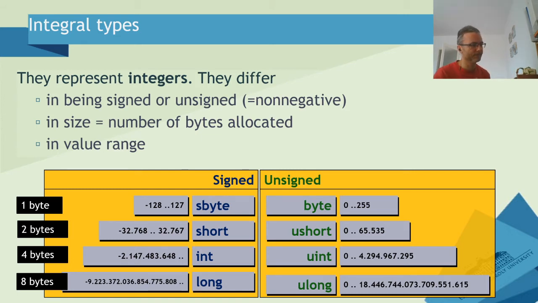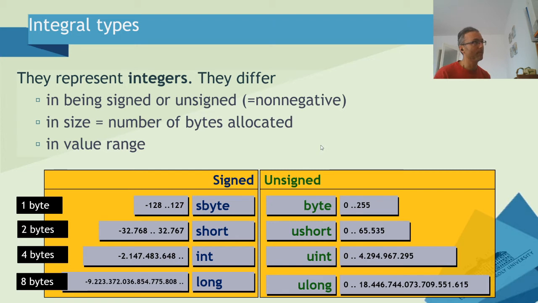As I already told you, you should keep in mind the range of those types, because it can be a matter of life and death.